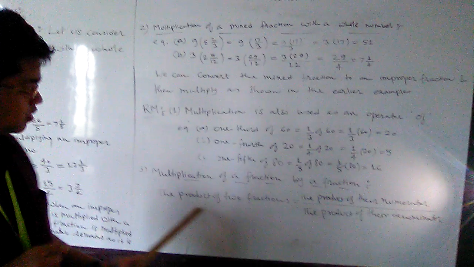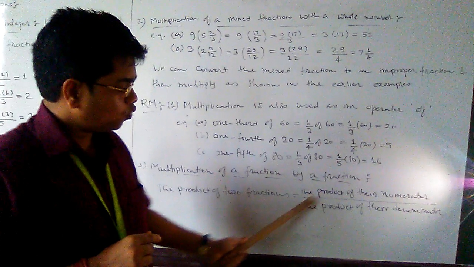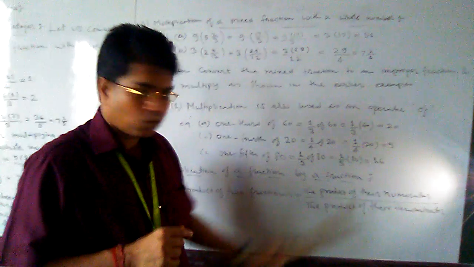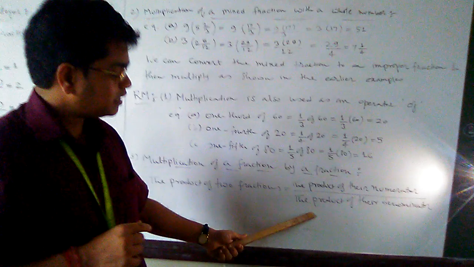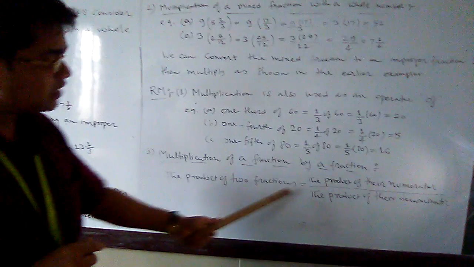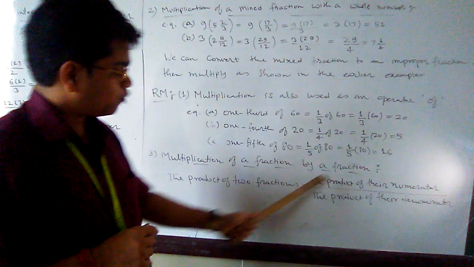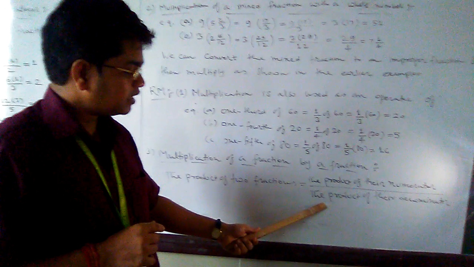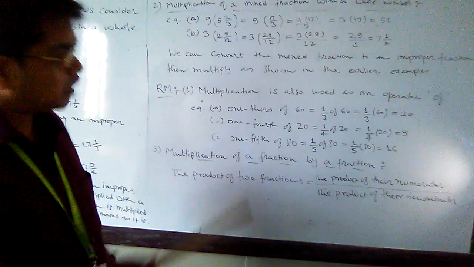So we have to remember the product of two fractions is a quotient whose numerator is the product of their numerators and denominator is the product of their denominators. So remember this. Now let's move ahead.